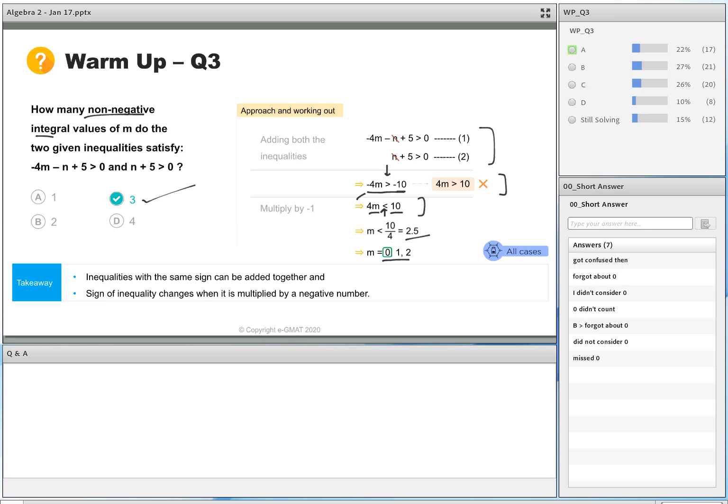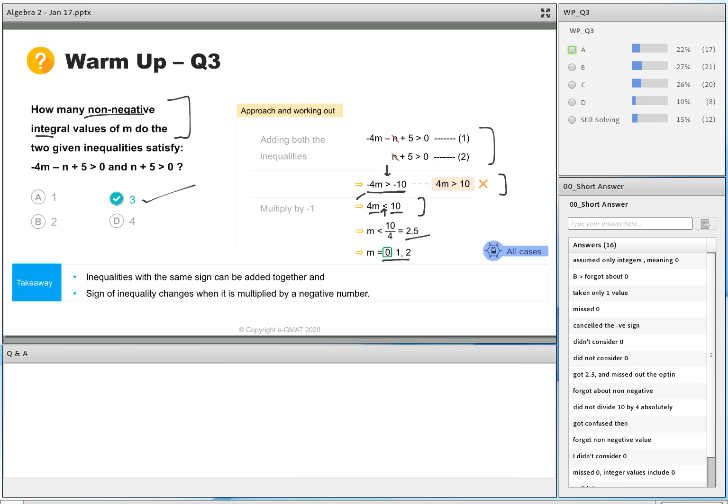I see a lot of you tell me that you did not consider 0, right? So what does that tell us? That tells us that we need to read the question statement properly. If we do not do that, we are bound to miss the constraints given in the question. Here, non-negative integral values is a very important constraint, right? So this is something that we have to keep in mind.